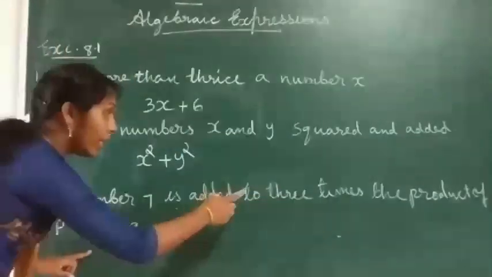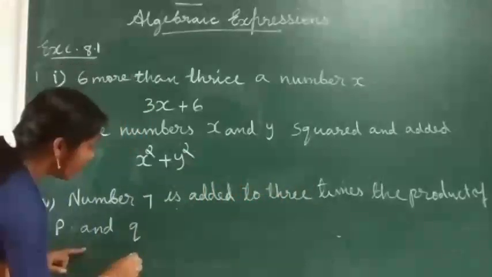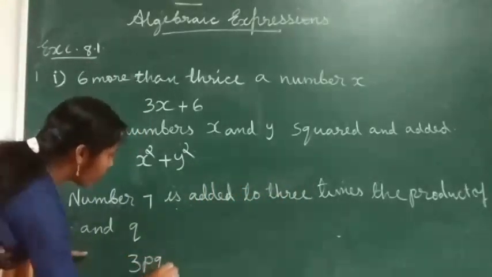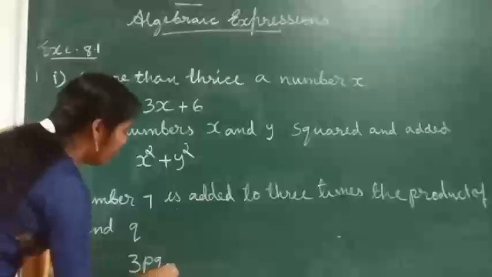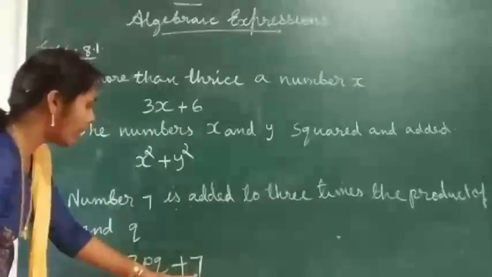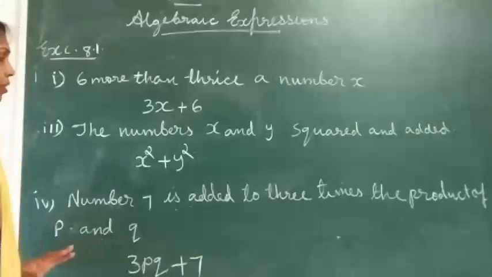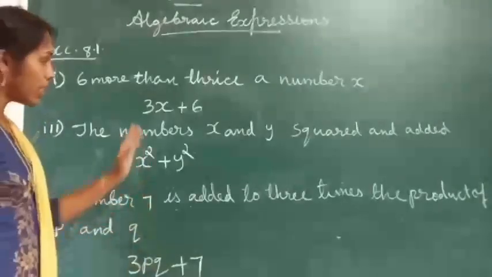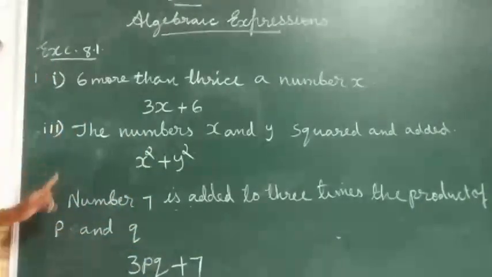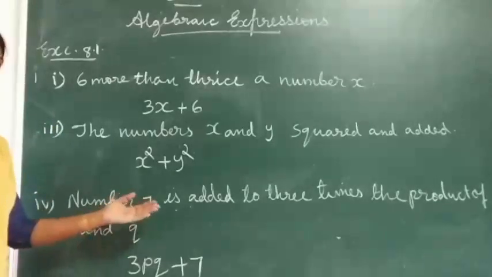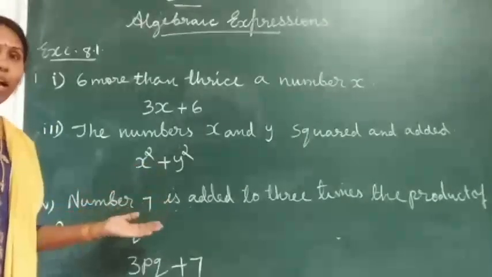Now 3 times the product of p and q is 3pq, and 7 is added, so plus 7. So these are the required algebraic expressions. Questions 1, 3 and 4 are solved here. The rest you can solve by yourself.